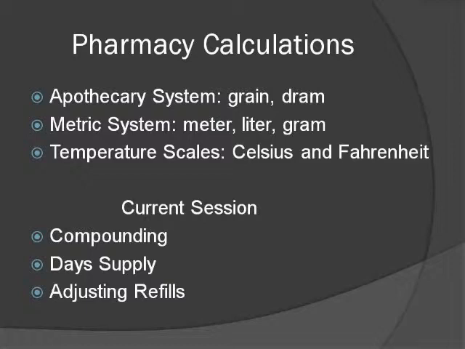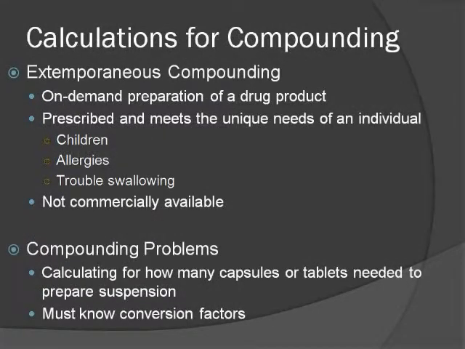We'll also work with calculations that ask how many days this order will last if it's such and such directions. And then we'll close up with adjusting refills. This information you're generally going to see more in community setting pharmacies. So let's begin with compounding calculations.